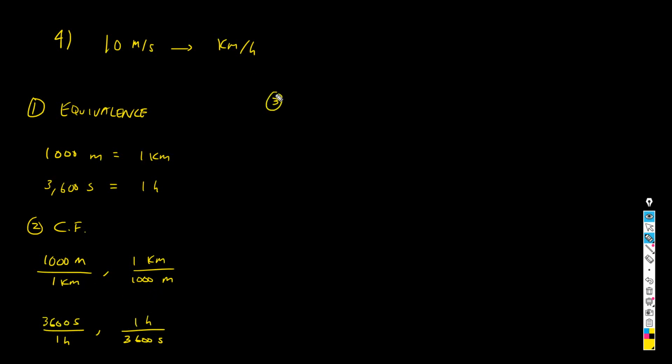And the third step is already the conversion. So choose your original quantity, 10 meters per second, and please, in here at this point, do not write this slash or this diagonal. I want you to write this quantity as a fraction, like I said before. You always have to write these things as fractions. 10 meters over second.